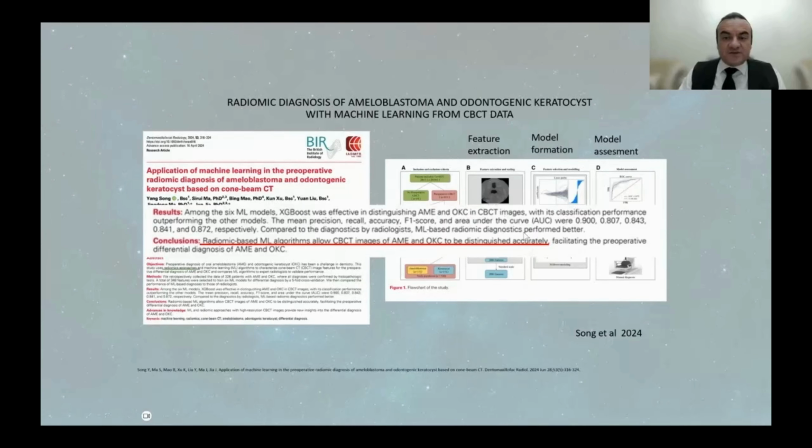As you can see, it's over 0.8 for this distinction. So nowadays, even though we cannot make a distinction from the image alone, we have a decision support system using these radiomics-based machine learning algorithms.